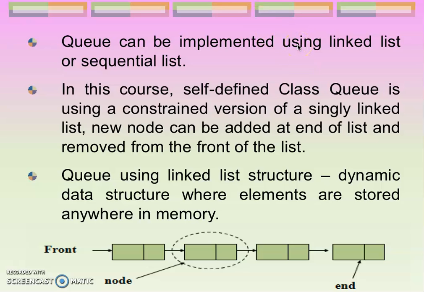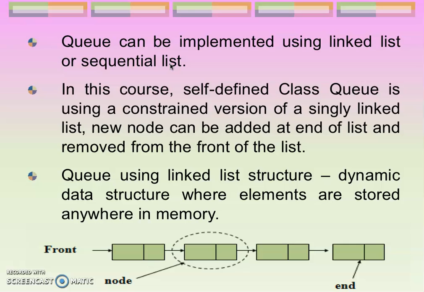Okay, so let's talk about this data structure. Queue can be implemented using a linked list or sequential list. So in reality, once we are talking about the queue data structure, kita boleh implement dia based on linked list or sequential list. Since we know that if we want to implement queue using linked list, it means that we need to implement it using node. Ingat tak? Sebab linked list kan kita implement menggunakan node, right?